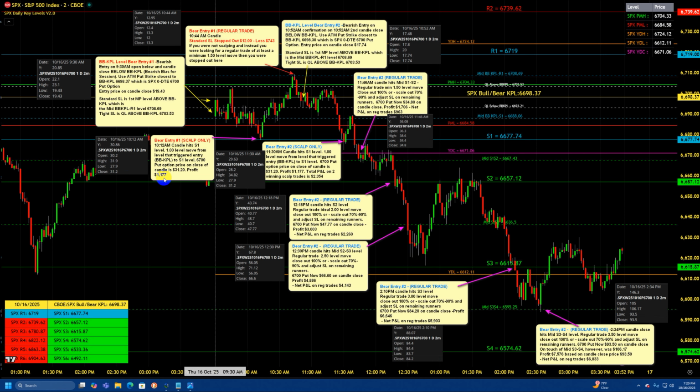The profit on the trade is $1,177 for this scalp. You take that by taking the 31.20 minus the cost of the option. As you can see here, before this happened, this may look like it touches this QL above the tight stop loss, but it actually comes several cents short of that, so it did not touch it.